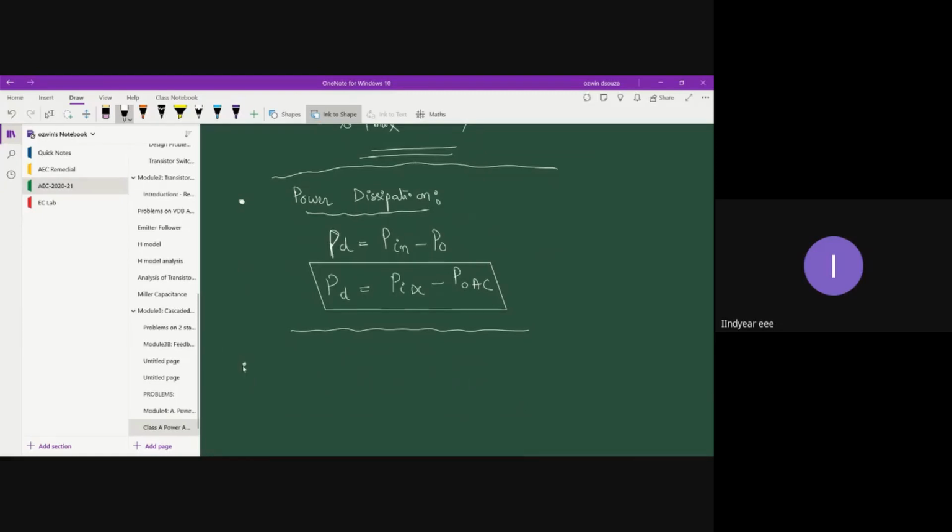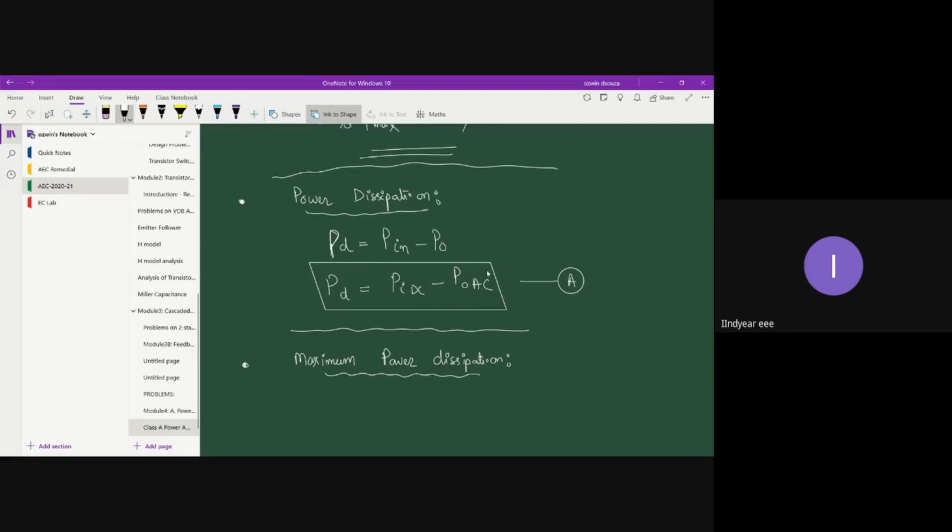Next, you also have something known as the maximum power dissipation. Just by looking at equation A, you can write down the expression for maximum power dissipation.